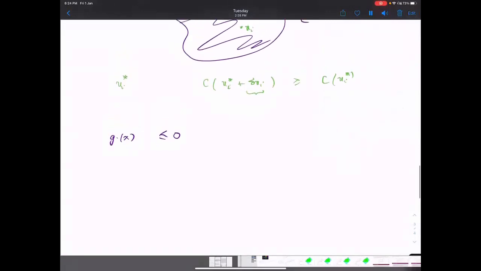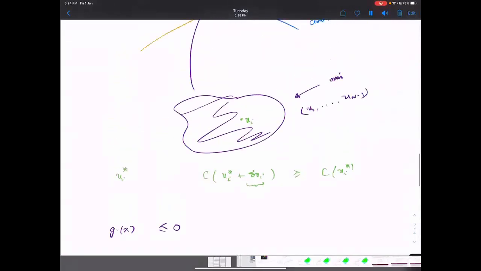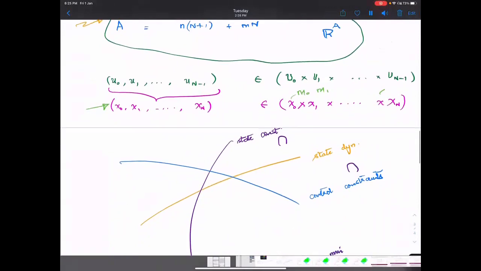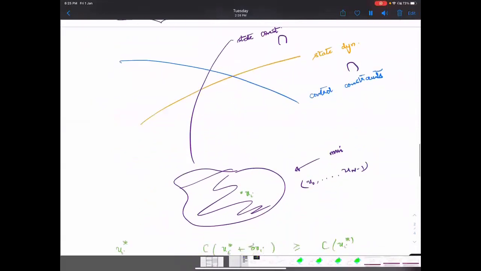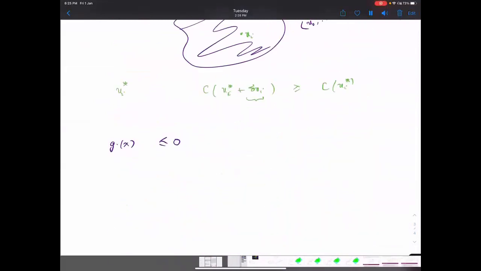So in this class of constraints that we have, if you recall, we specified that each of the states at each stage has to belong to some set. I had earlier called it M naught, M1, and so on, and then I changed it to chi naught, chi 1. This also incorporates inequality constraints of this form.